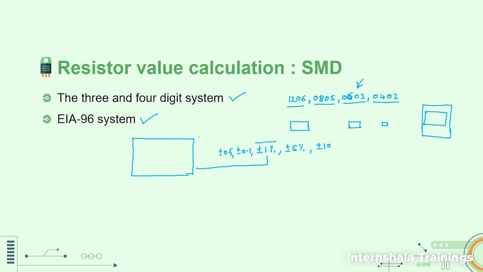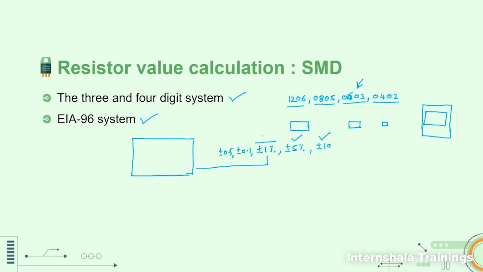Okay, so if you are using SMD resistors, then it's not worth using resistors with this particular tolerance, plus minus 5%. Nobody uses that, and nobody is going to use a plus minus 10% tolerance resistor.